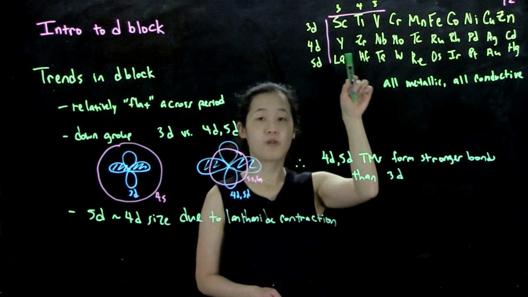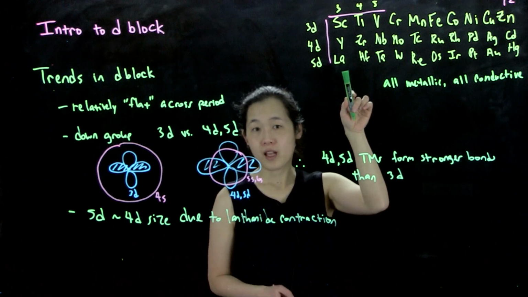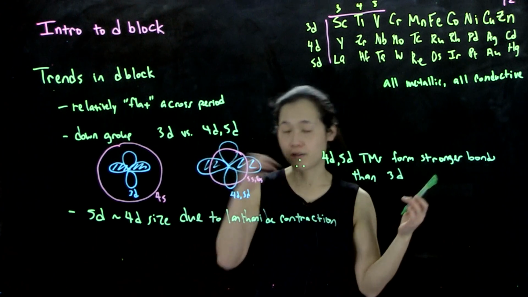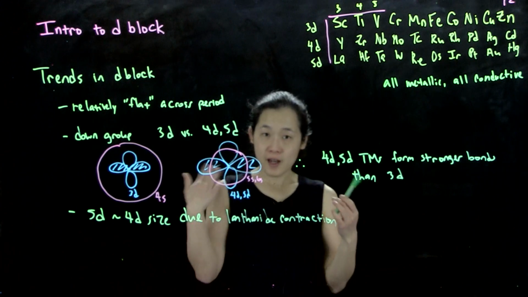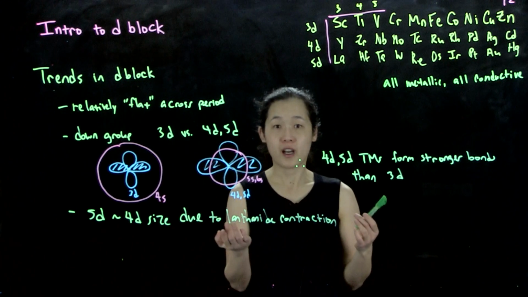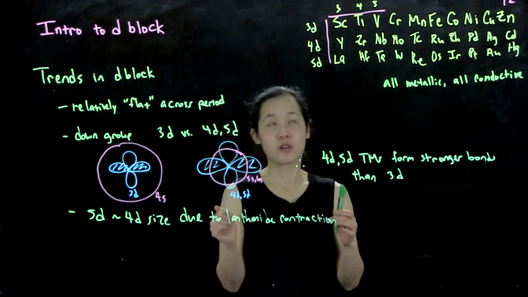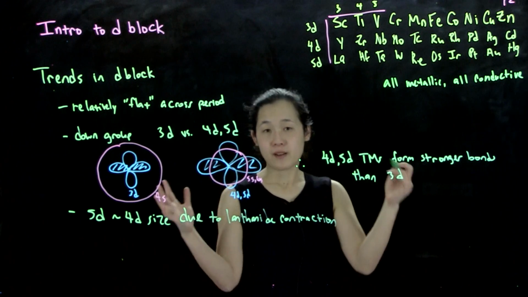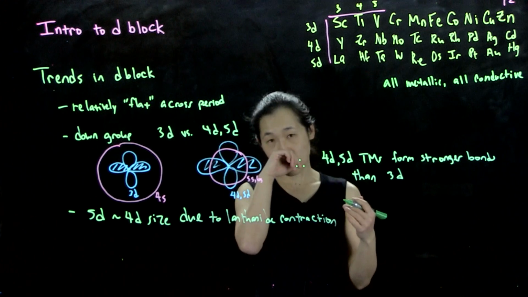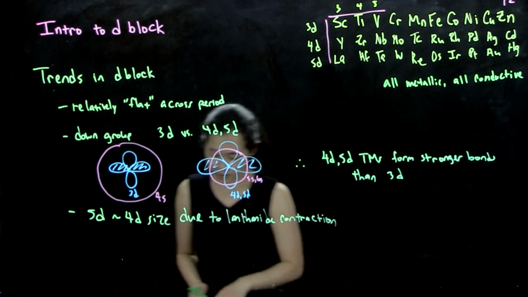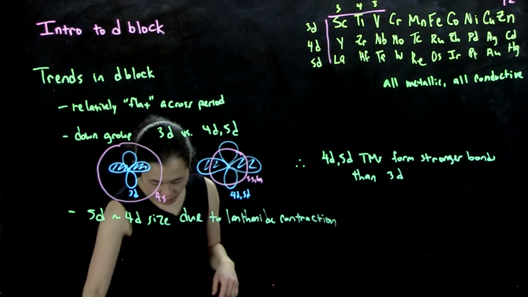But here, for lanthanum, I've drawn lanthanum, that's where the lanthanides are. So we're filling in a bunch of F orbitals in between, and we're adding a bunch more protons to our nuclei. And because F orbitals shield more poorly than D orbitals, then we experience that contraction. So similar to what we saw before with the P block. OK, so those are our overall trends.